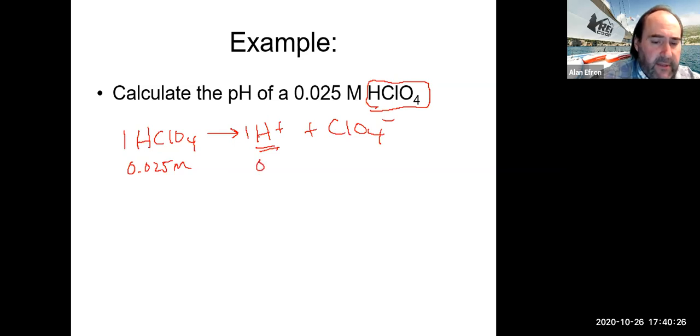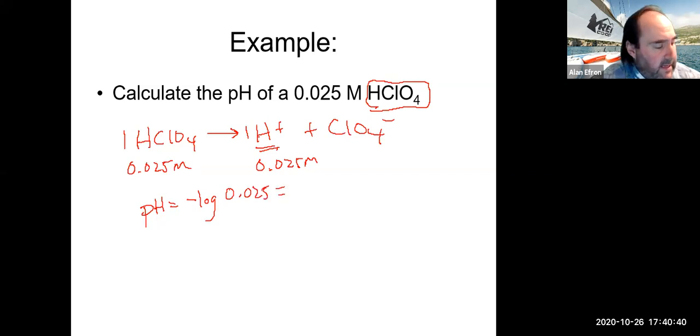And as we talked about with concentrations, the concentration of the H plus here would be 0.025. That's pretty much all you need to go into your pH, minus the log of 0.025. And that would get you a pH of 1.60, which is also acidic, which makes sense as this is an acid as well.